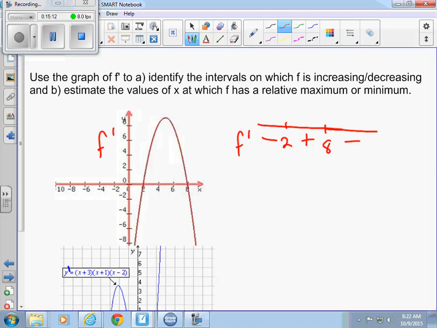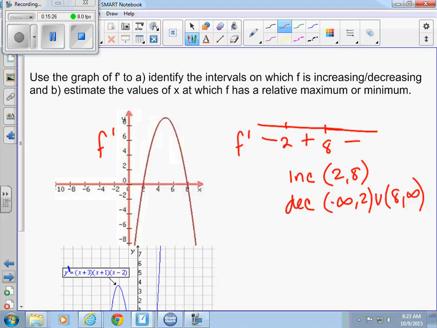So when is my function increasing? After 2. And when is it decreasing? And now notice, does it ask you to find the maximum and minimum values? It only asks you to find the x.